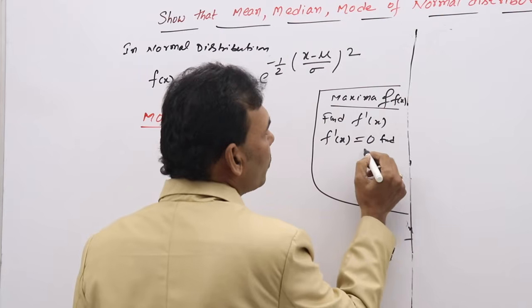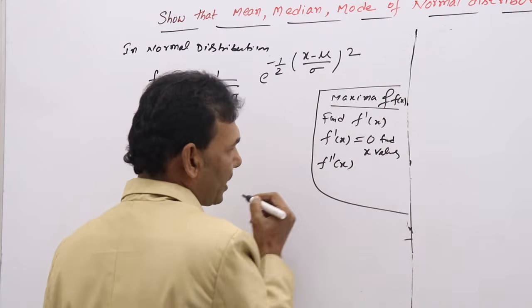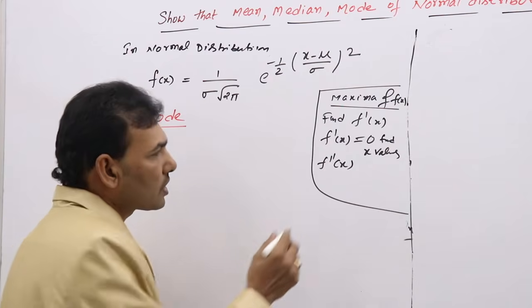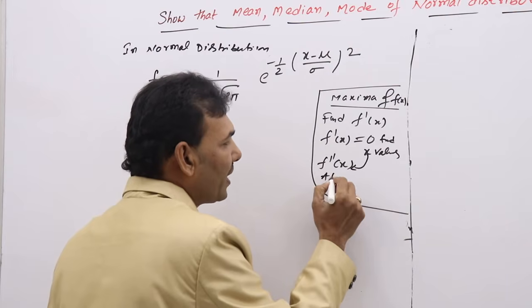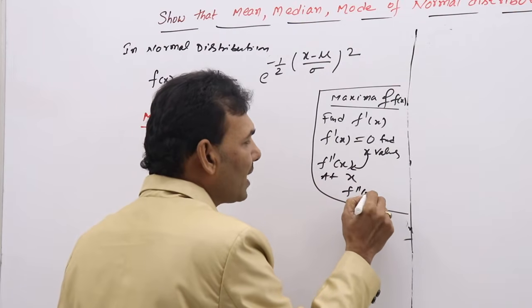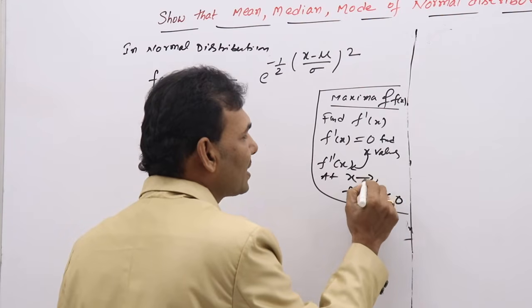Find the x values. Next find f double dash of x. Substitute this x value in f double dash of x. If at x, f double dash of x is less than 0, then x is a maximum.